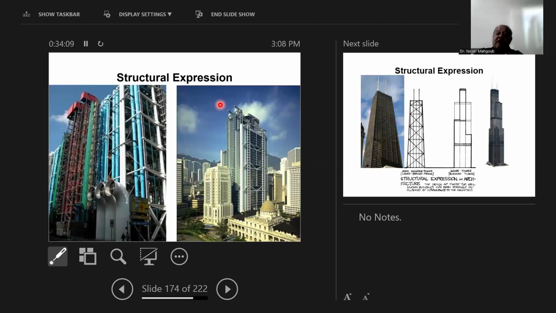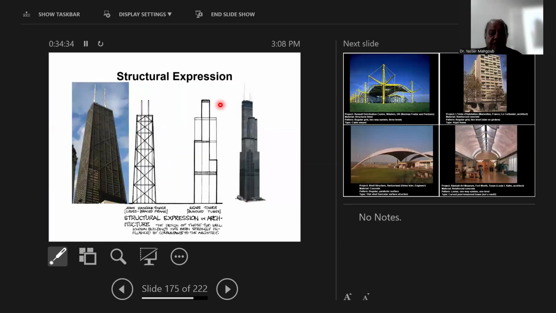So it's not only that they express the structural system, no, they even exposed the technical systems. And this is Richard Rogers and Renzo Piano. They created this big project, the Centre Pompidou, a very successful place in Paris.